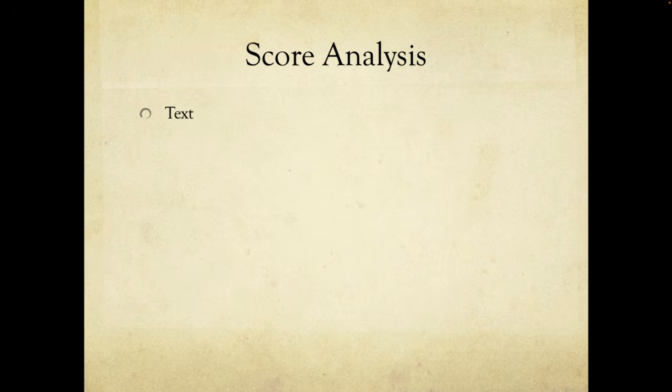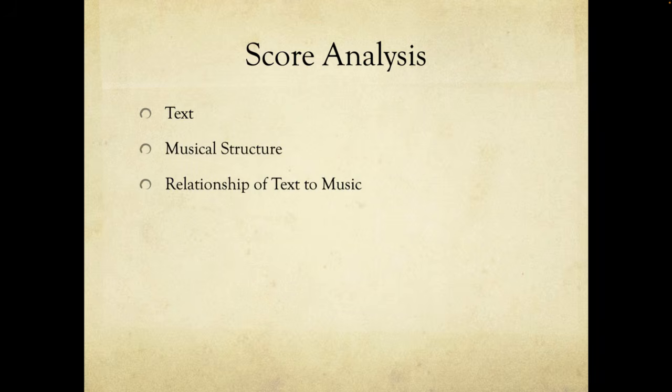With score analysis, you're looking at the text, okay? The musical structure, that relationship of text to music. We're going to talk about whether you need a score marking system. It's a little bit less important to have a score marking system in the earlier periods than the later because there's more going on when you get into later eras than in the earlier eras.